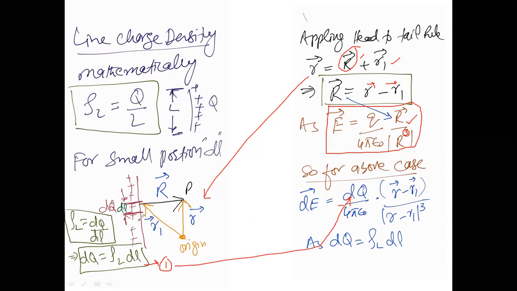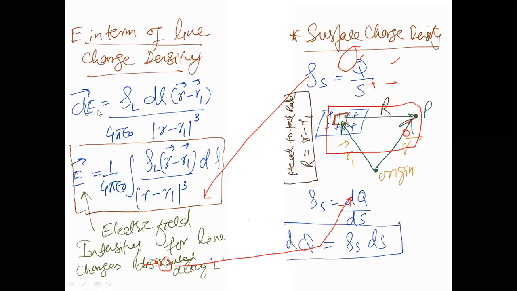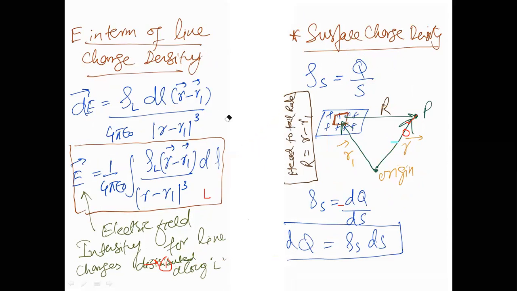In order to introduce the line charges, as dq is equal to rho l dl, dE will be equal to rho L dl, replacing the dq value, times r minus r1 over 4 pi epsilon naught, absolute r minus r1 whole cube. For considering the whole charges, we will apply the integration for this dl, from 0 to l, meaning the whole length is considered.